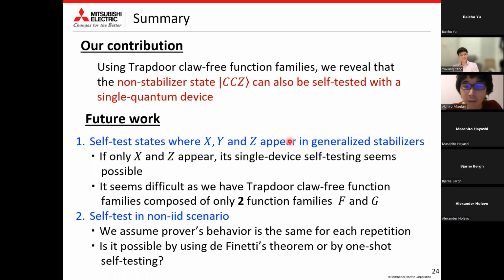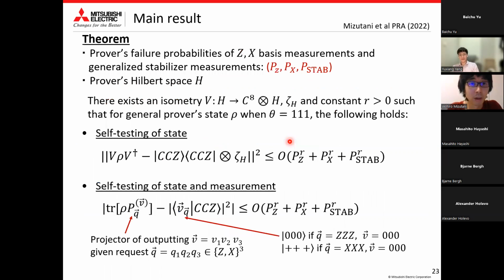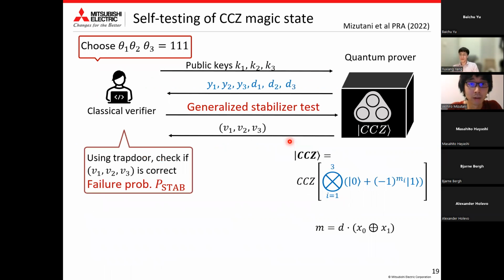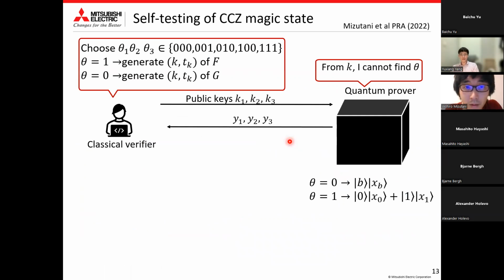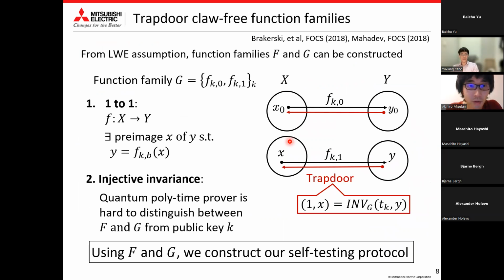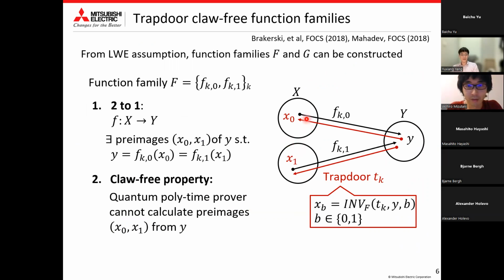You use claw-free functions. I want to understand the definition, and also what is a claw? A claw means there exist two preimages that output the same Y. This is a claw. Yes, kind of a collision. Collision-free, in other words, yes.